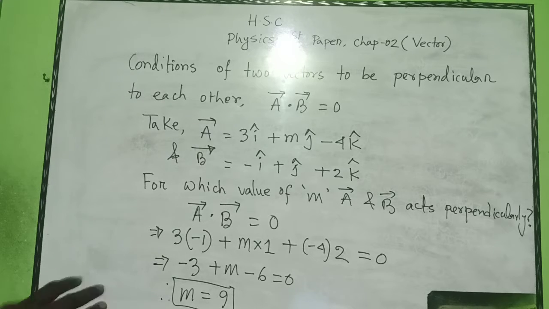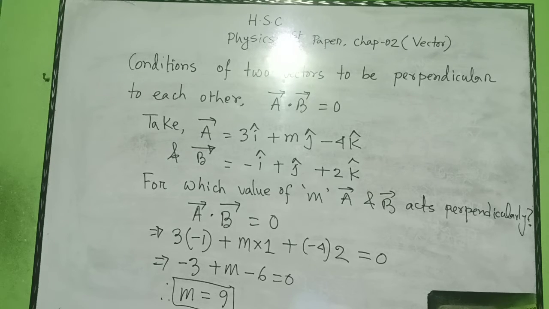For example, I want to change the value of m by which these two vectors act perpendicularly. In that case, I will calculate A dot B, and obviously it will be equal to 0. From there, I will get the value of m. Now I can say for the value of m, vector A and vector B will act perpendicularly.